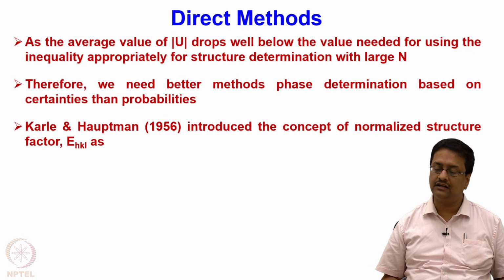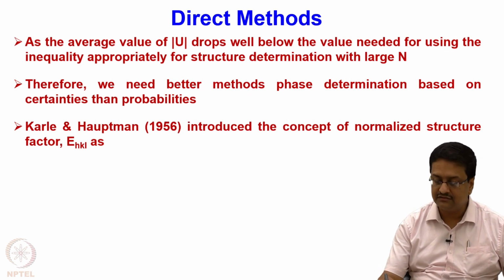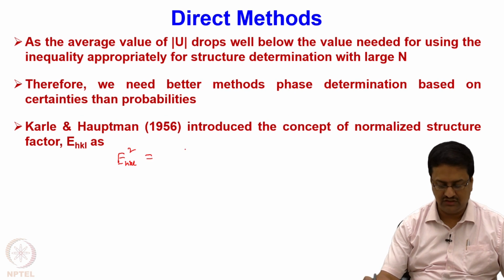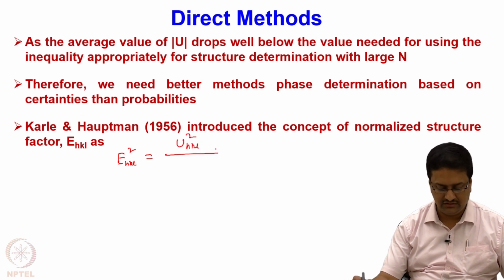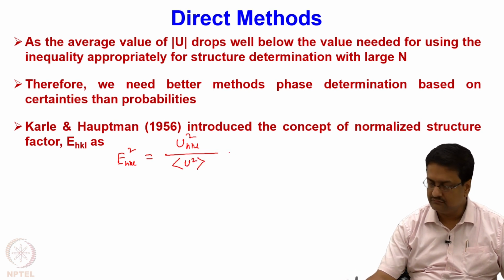To overcome that, Karle and Hauptman in 1956 introduced the concept of normalized structure factor, where EHKL was represented as EHKL square is equal to UHKL square by expectation value of u square.